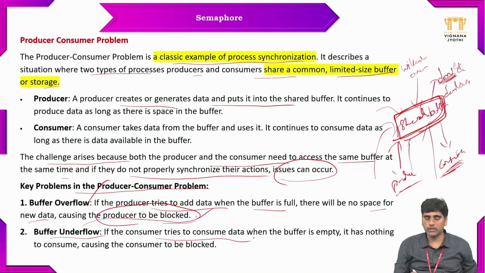The consumer tries to consume data when the buffer is empty, it has nothing to consume, causing the consumer to be blocked. So if no data is there, the consumer does not consume anything, and that leads to buffer underflow. Similarly, if the producer produces a lot of data into the shared buffer and the consumer does nothing, then the shared buffer becomes full, and that is buffer overflow.